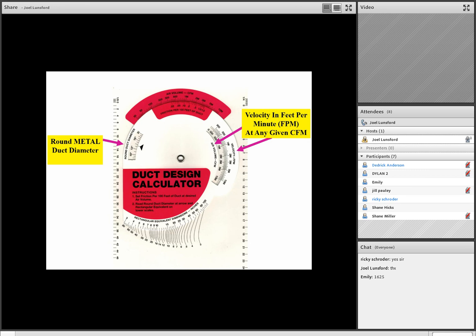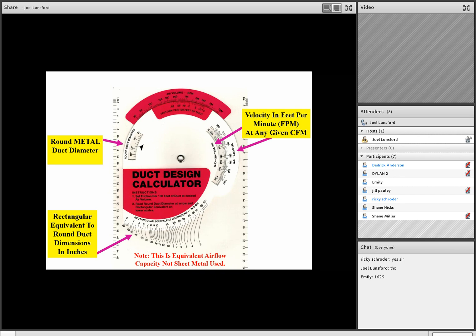Let's say we had some sort of construction constraint and we couldn't get a round metal duct in there. We can always fabricate a duct that will give us equivalent round duct dimensions as far as airflow capacity.